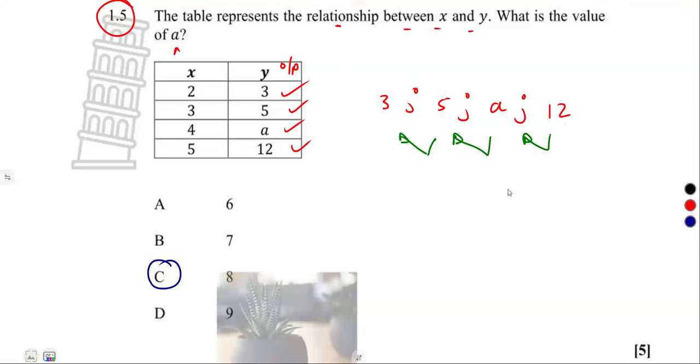Let's try a 9 and see if this is going to give us a pattern. 5 minus 3, that's a 2. 9 minus 5, that's a 4. And 12 minus 9, that's a 3. 2, 4, now a 3. This does not make sense. You started with the 2, you go to 4, now you go back to 3. So what will be the next value here?